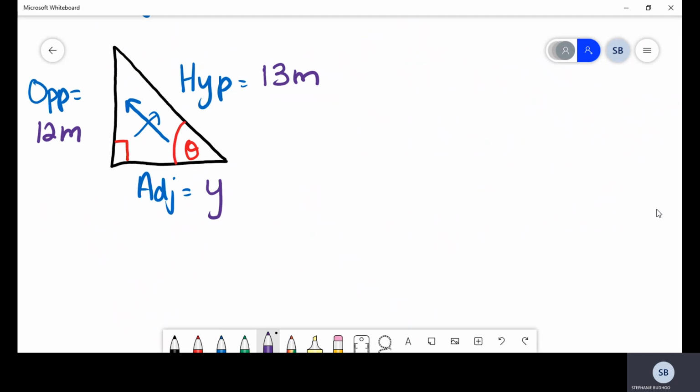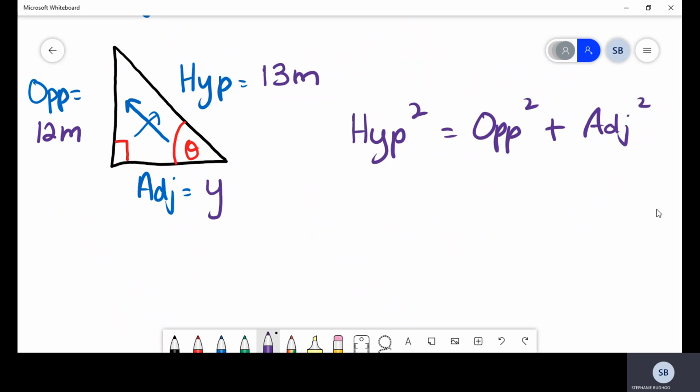So once again, when you're dealing with Pythagoras' theorem, you always pull it out when you have 2 out of the 3 sides of a right angle triangle, which is the case we have here. So remembering the formula goes like this. That longest side, which is the hypotenuse squared, is equal to the sum of the other 2 sides individually squared.